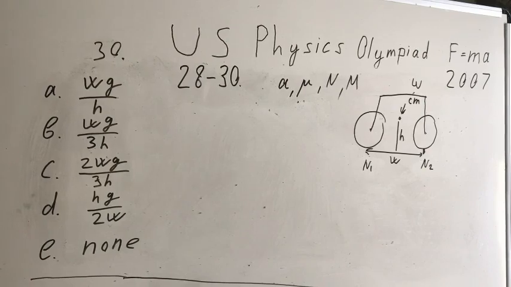Problem number 30. Assume that both tires are skidding, sliding without rotating. What is the maximum value of A so that both tires remain in contact with the ground?